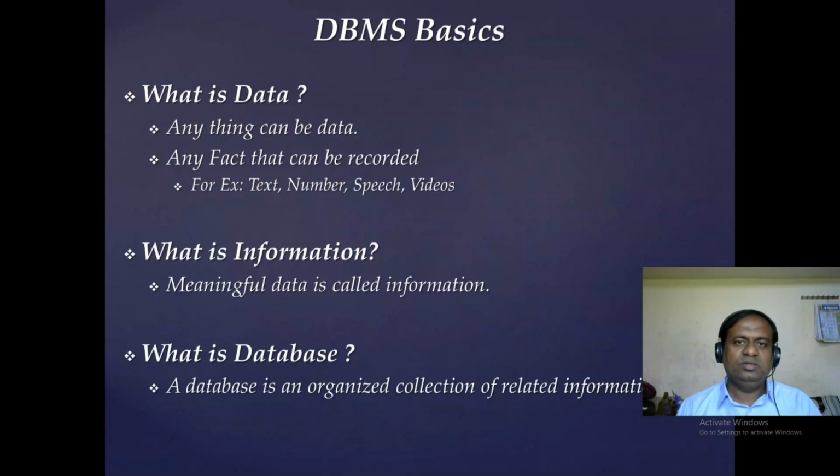So whenever we are trying to maintain or trying to make a new database, at that time we must know that it should be a collection. That means it should have group of information, and the information should be arranged in some manner. Organizing means arranging the information, and whatever information we have grouped and arranged should be related.